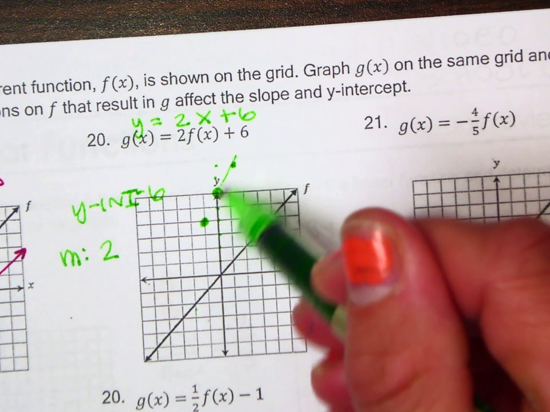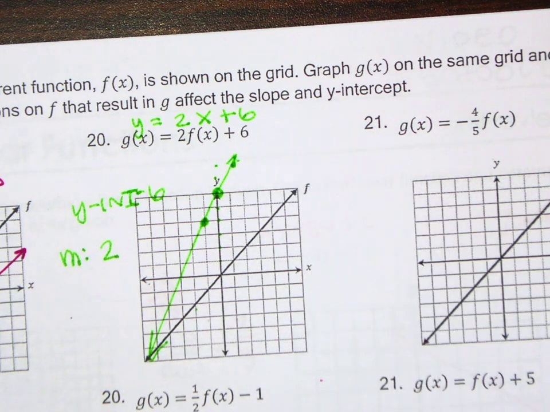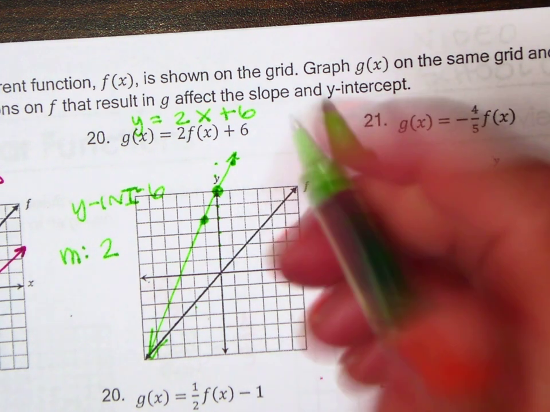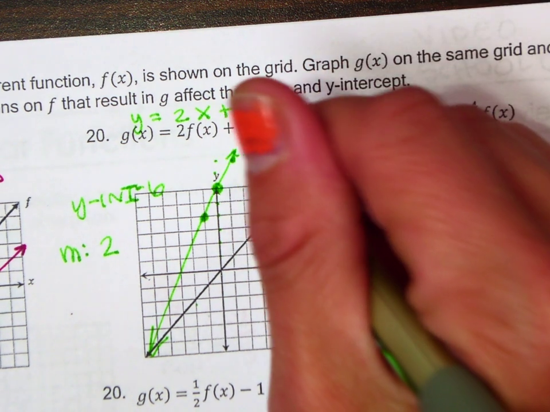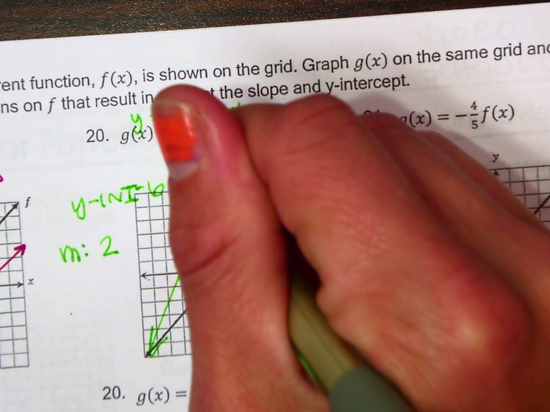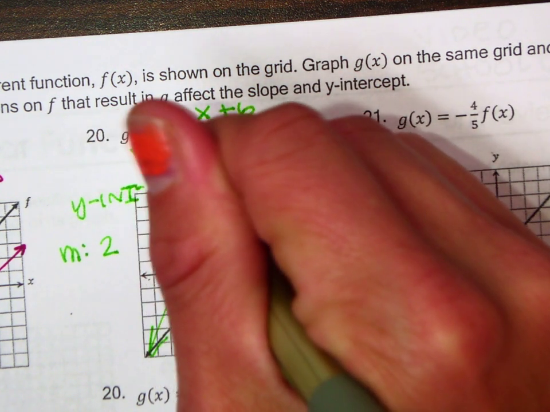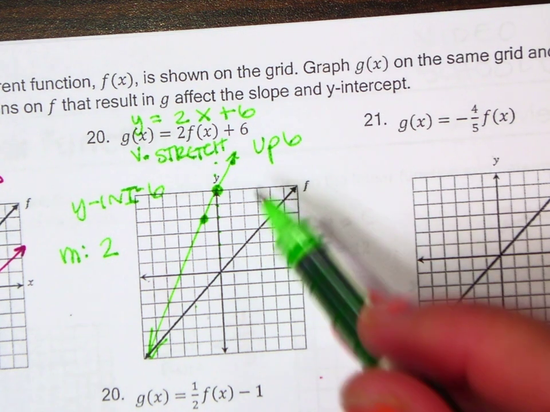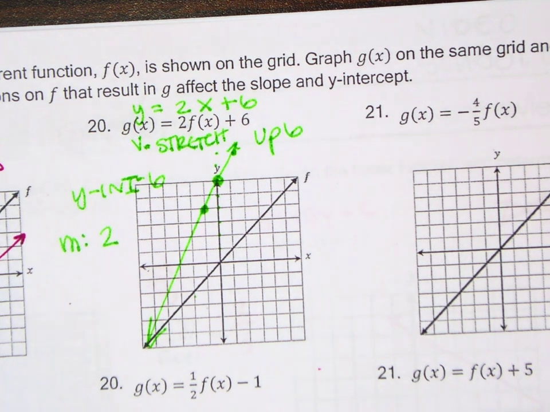You see it's still making that same slope, which matches what your graph has going on. All right, now the 6, that is going to be moving your graph up 6, but the 2 is going to vertically stretch your graph, and it kind of looks like your graph is getting pulled vertically. So those are the transformations.